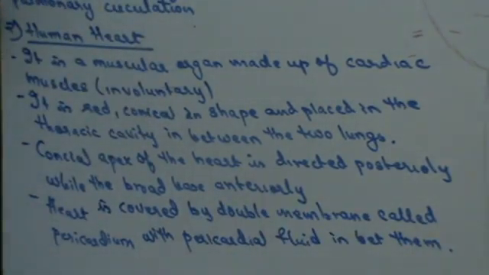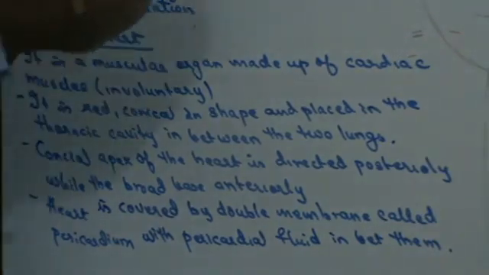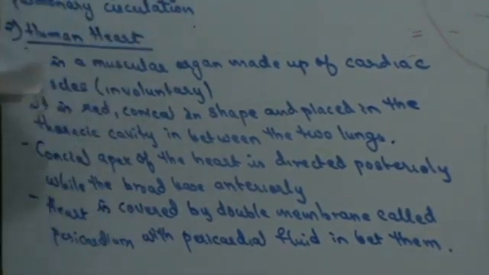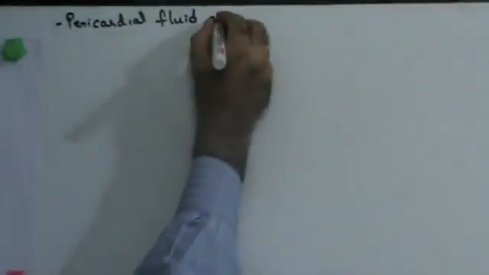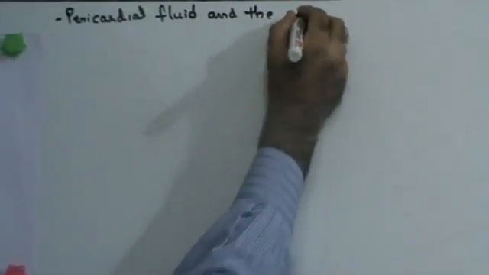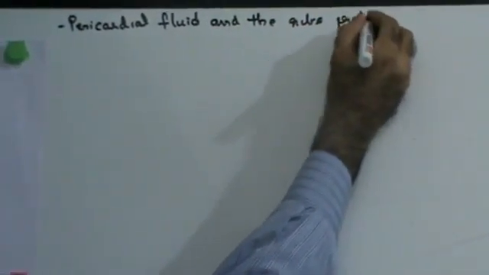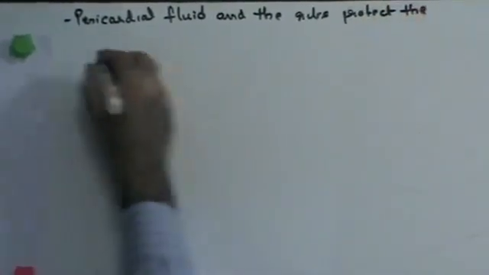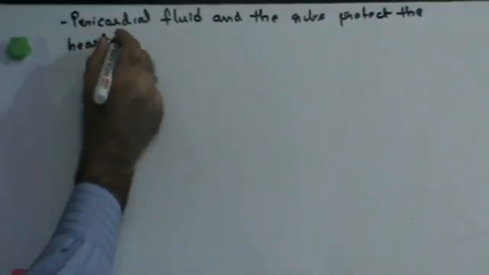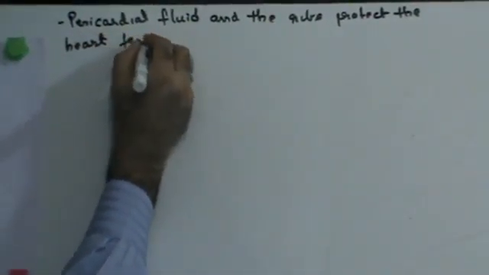The pericardial fluid and the ribs protect the heart from mechanical shocks and bring about free movement of the heart.